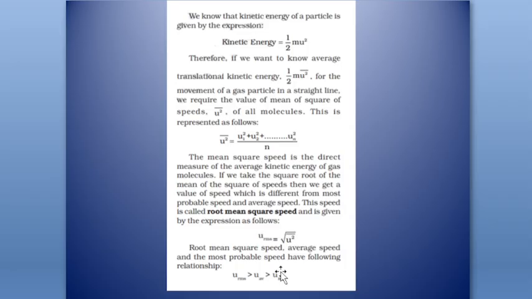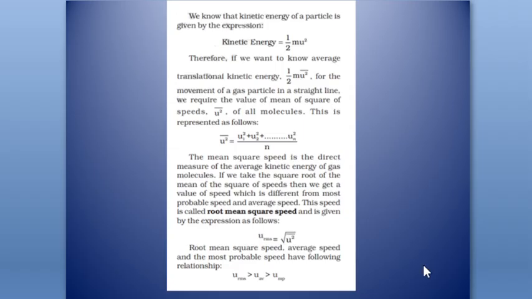If we take the square root of the mean of the squares of the speeds, then we get a value of speed which is different from the most probable speed and the average speed. This speed is called the root mean square speed, given by the expression URMS is equal to root over u bar square.